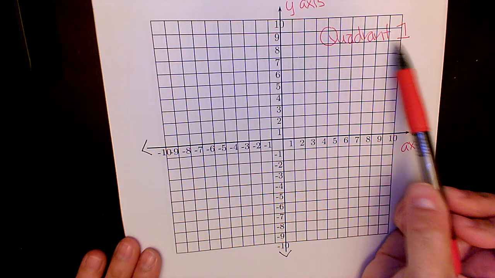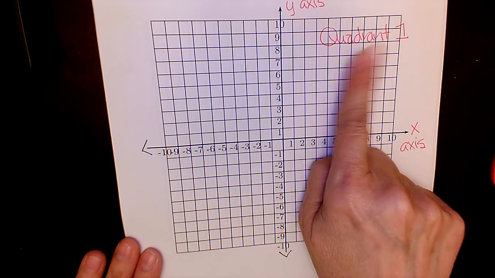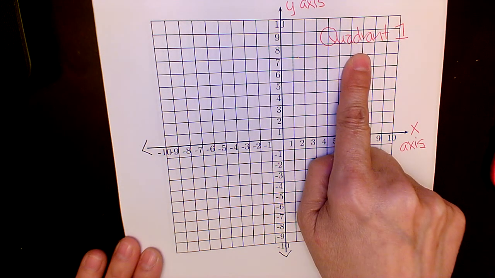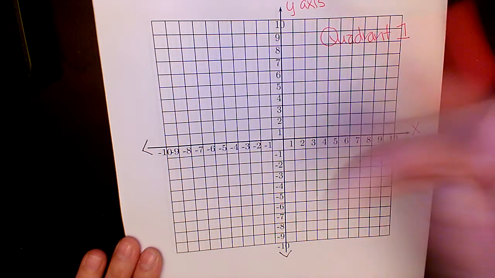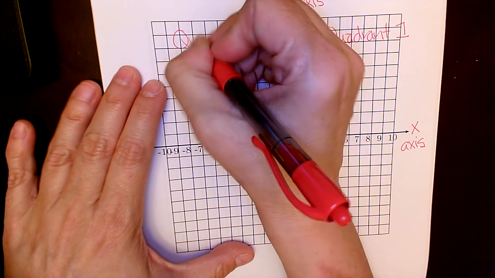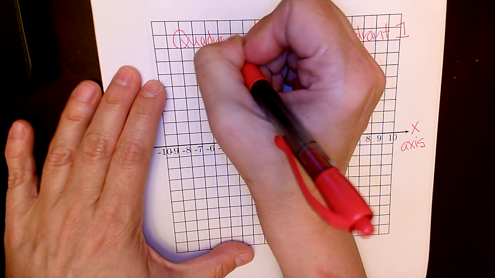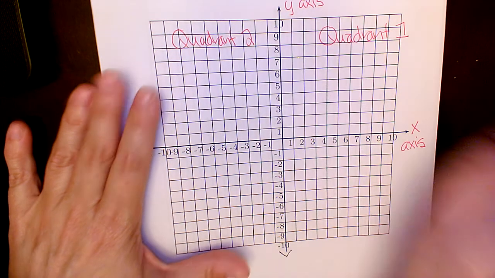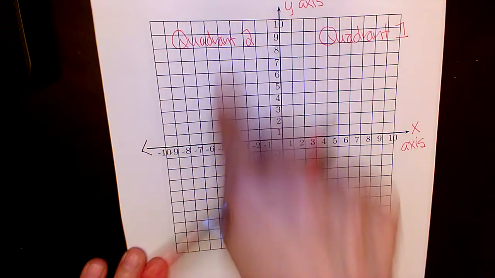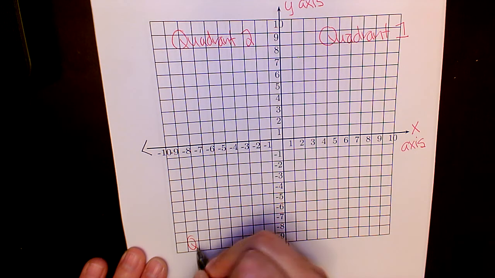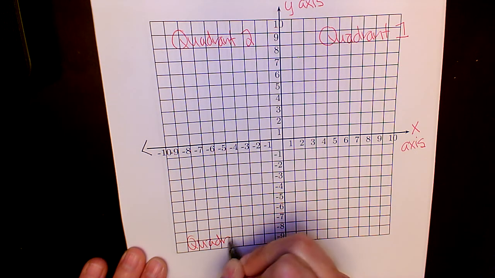Quadrant 1 starts upper right, and it comes around and makes a C. So this is quadrant 2. Going below quadrant 2, I've got quadrant 3.